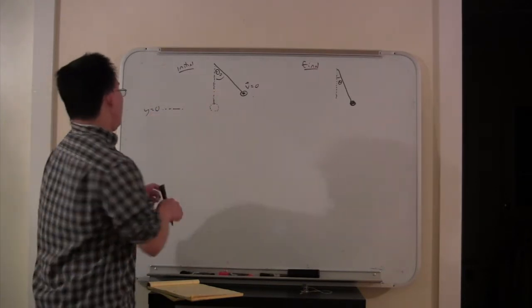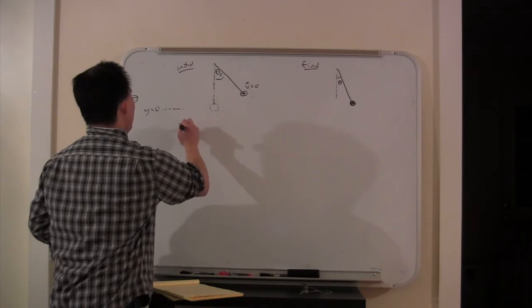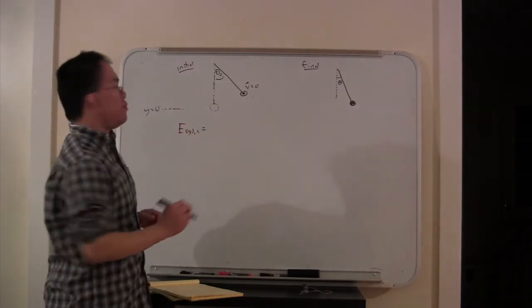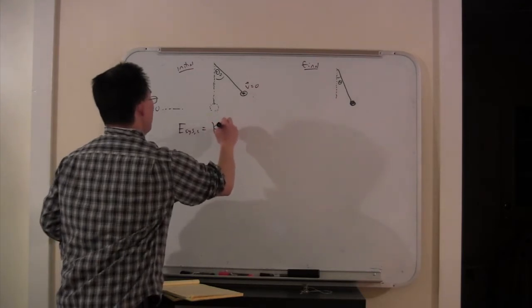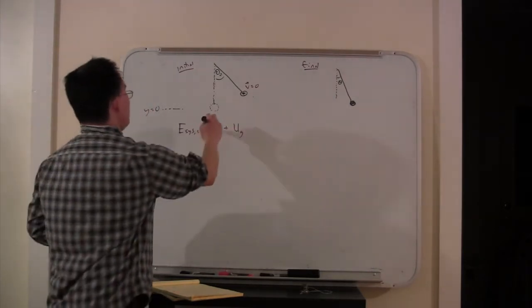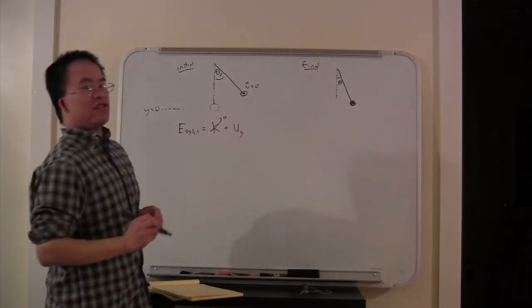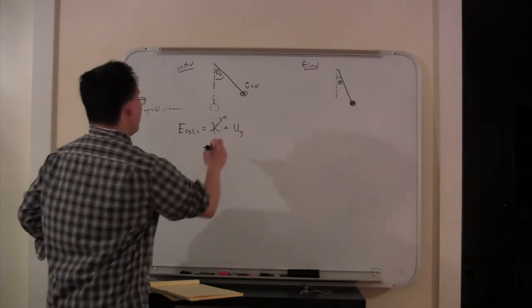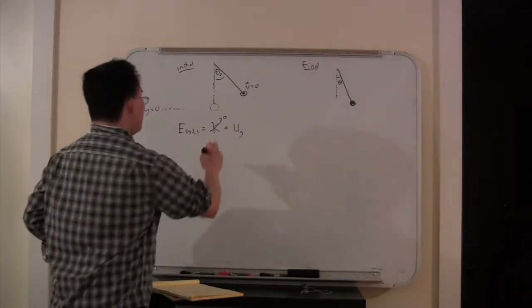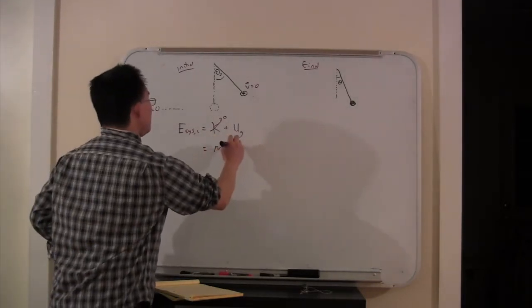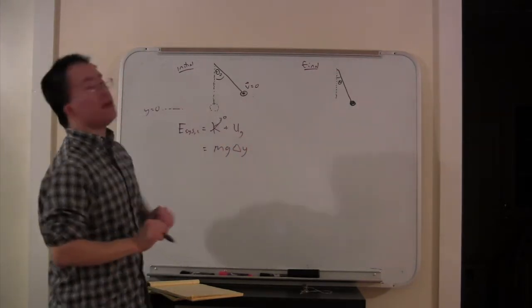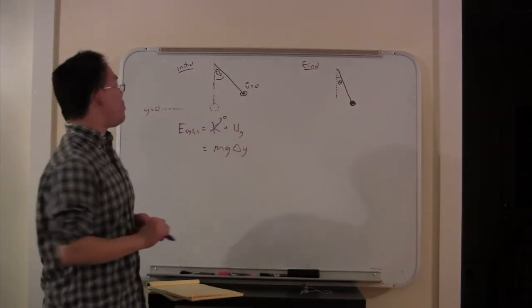So E sys equals kinetic plus gravitational potential energy, and the kinetic part vanishes. My gravitational potential energy is going to be mg delta y, my height above my zero.